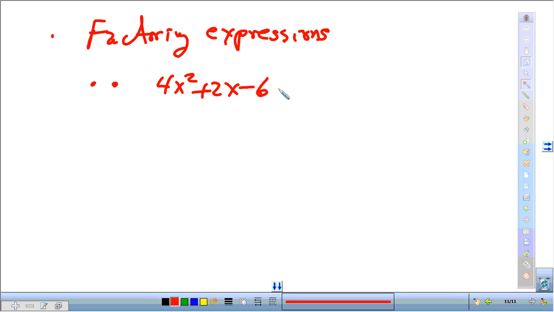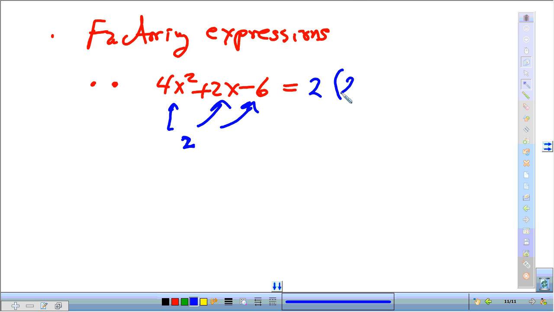One thing we can do with expressions is look for common factors. This expression has 3 terms. Each of those, 4x squared, 2x, and minus 6, have a factor of 2.